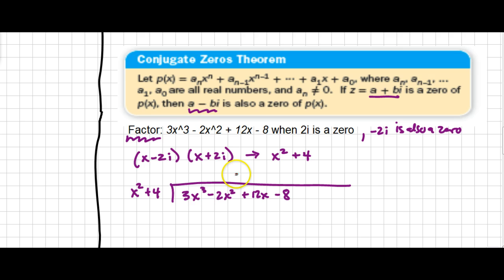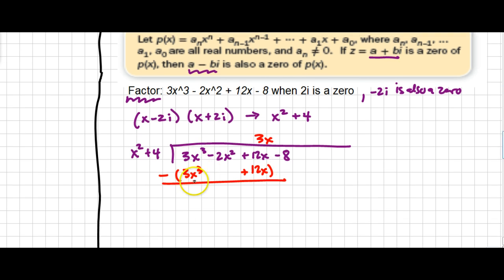That's going to be 3x. 3x times 4 is positive 12x. 3x times x squared is going to be 3x cubed. Now I need to subtract both of those. Those are opposites of each other, so that becomes 0. The negative 2x squared is going to drop. And 12x minus 12x is going to be nothing there.